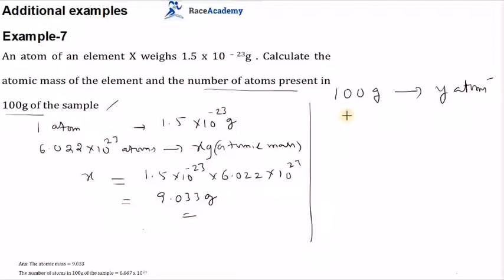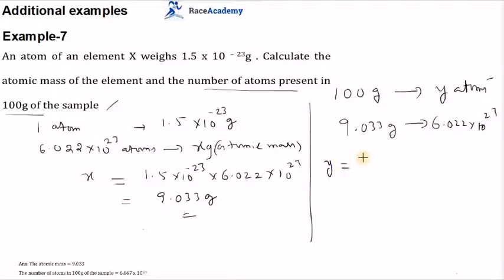Assume. But we know that 1 mole is 9.033 grams. That contains Avogadro number of atoms. That is, 9.033 grams is atomic mass. That many grams of this element contains Avogadro number, 6.022 into 10 to the power of 23 atoms. So now what is Y?